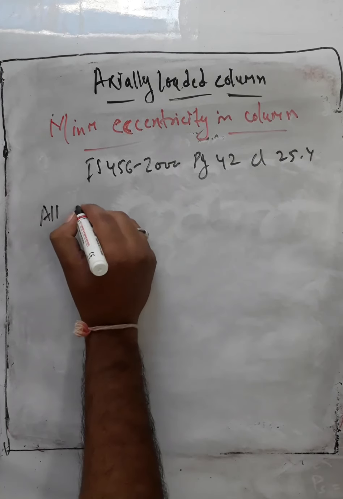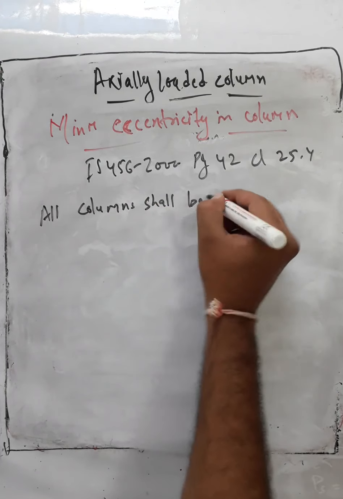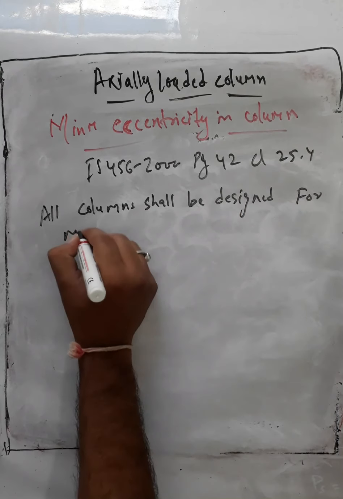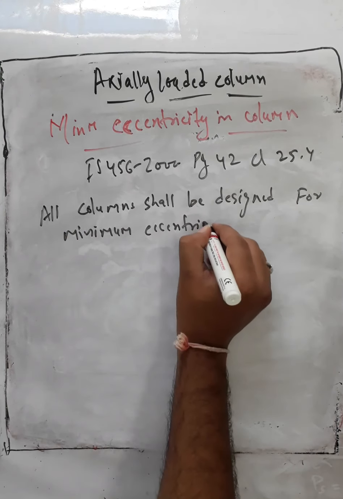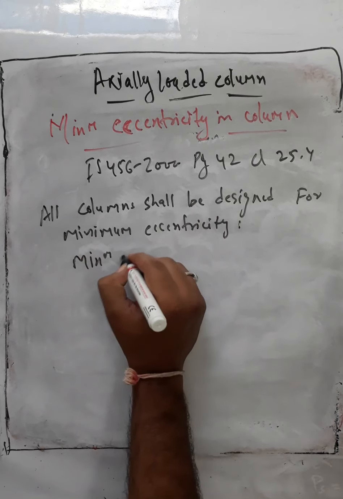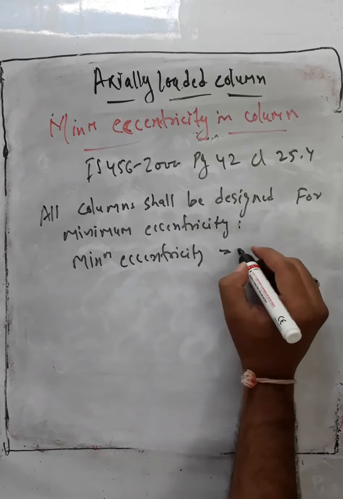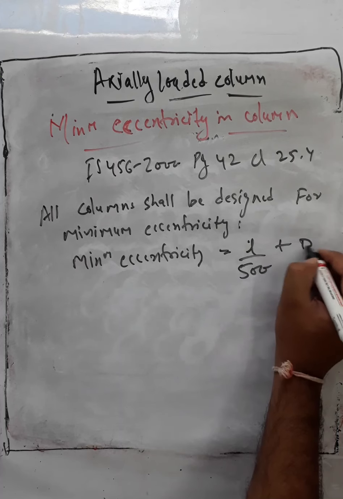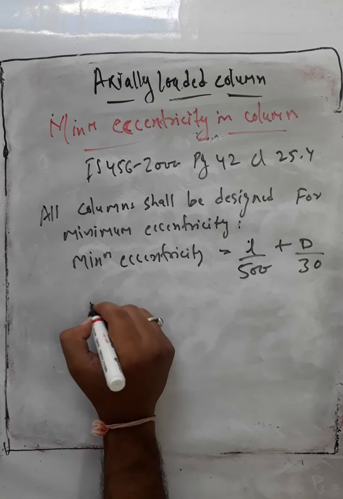Here it is given that all columns shall be designed for minimum eccentricity. So minimum eccentricity is equal to L upon 500 plus capital D upon 30.